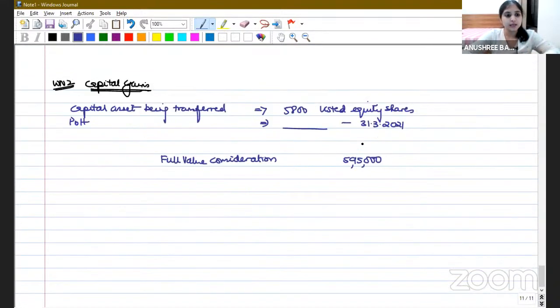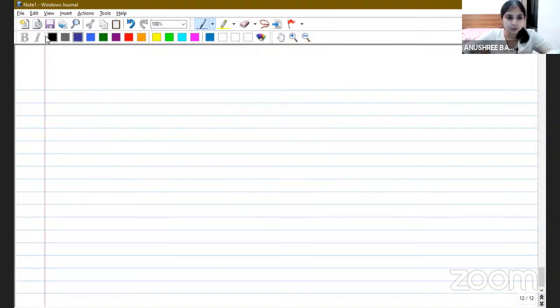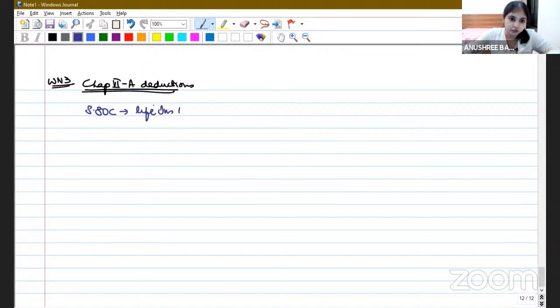So I'll open another working note after your capital gains working note. Open working note number 3. Give the heading chapter 6A deductions. All right. The assessee is paying life insurance premium. This will go to section 80C. So under this, write down section 80C, life insurance premium.